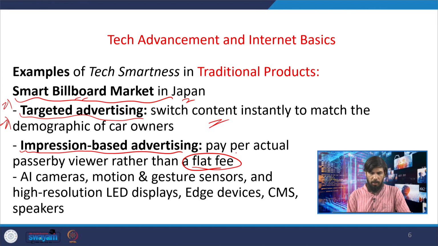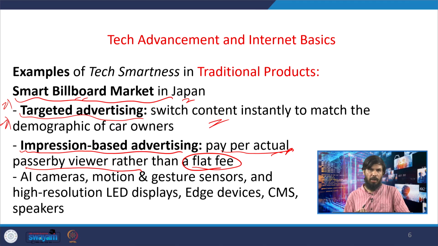Because the computing or smartness is there, it is pay per actual passerby viewer rather than flat fee. That computing can help detect whether there is actually a passerby, and therefore an impression was made, and therefore the revenue model would be pay for actual passerby viewers.